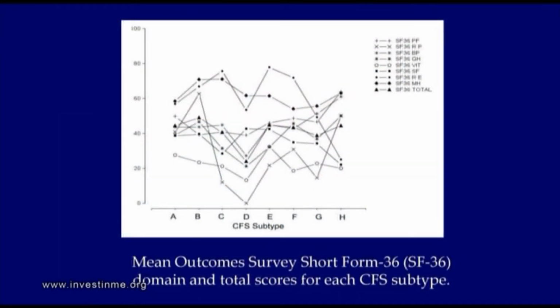And this shows the SF36 scores, the domain scores and the total score for the different subtypes. And you can see that these are significantly different.